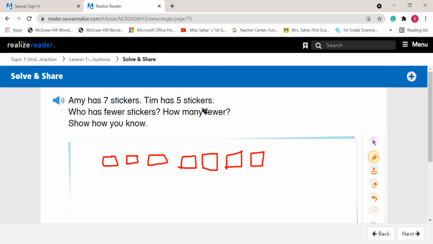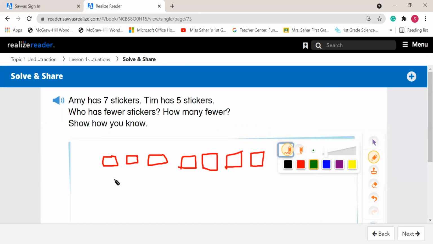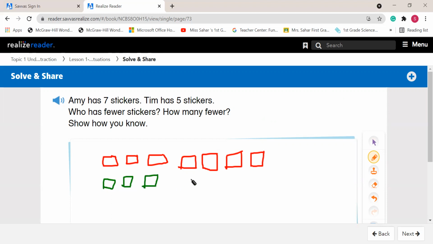Okay, Tim has 5 stickers. Let's use a different color. We're going to use green for Tim. We're going to replace the stickers with our counters or crayons or stamps or anything. So 1, 2, 3, 4, 5.